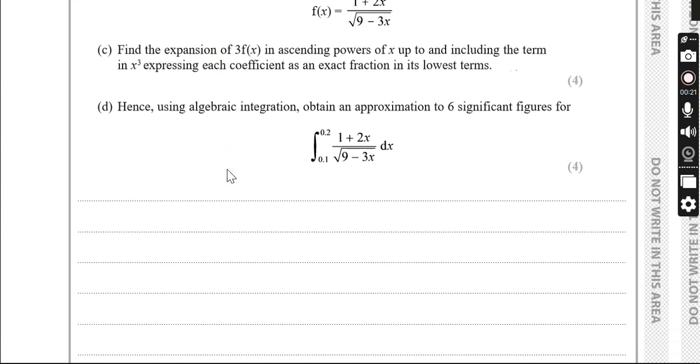So for part A, first I will write the given expression, which is 3 by root over 9 minus 3x, and we need to show that this is equal to 1 minus x by 3 to the power minus half.